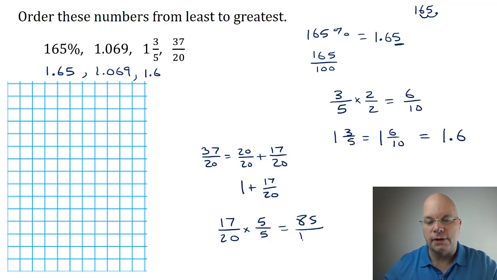So we have 85 hundredths. So this is equal to 1 and 85 hundredths, which in standard form is 1.85.